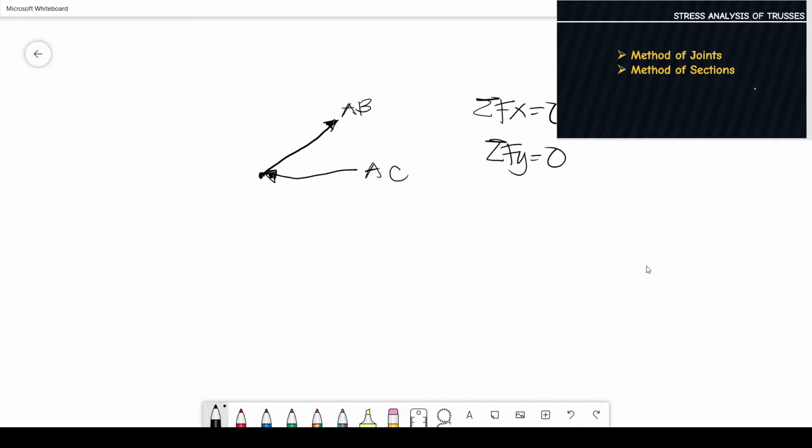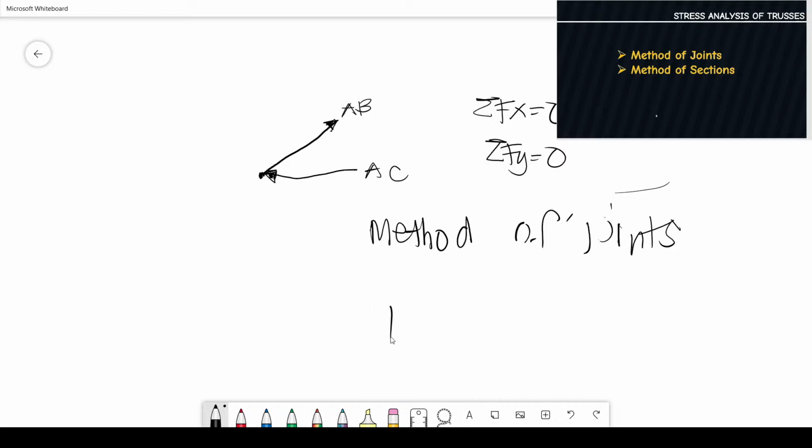So when concurrent, that is the method of joints. Then, when non-concurrent, that is the method of sections.